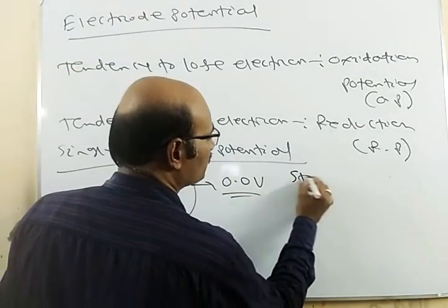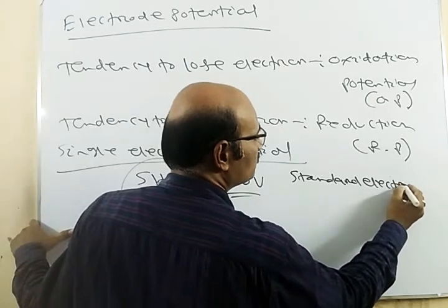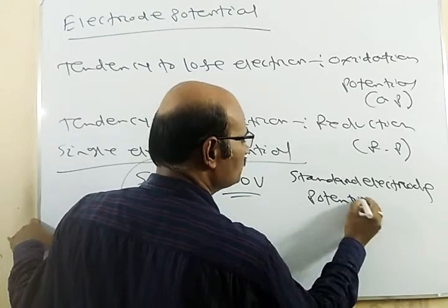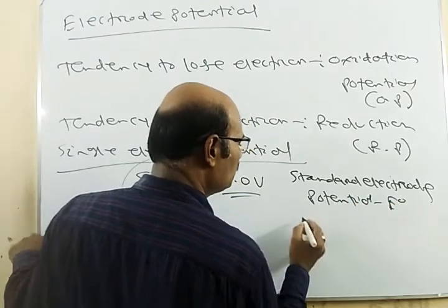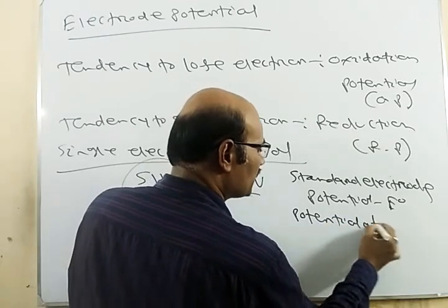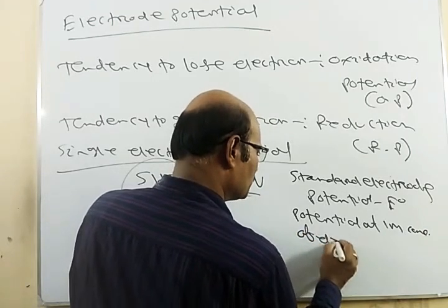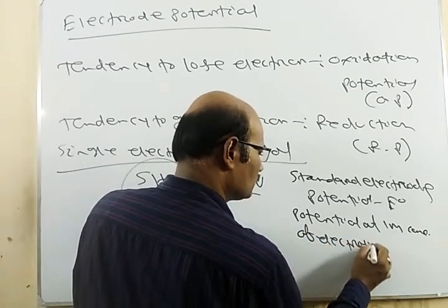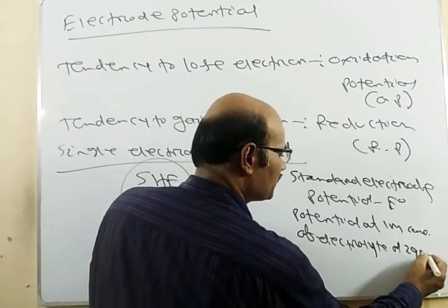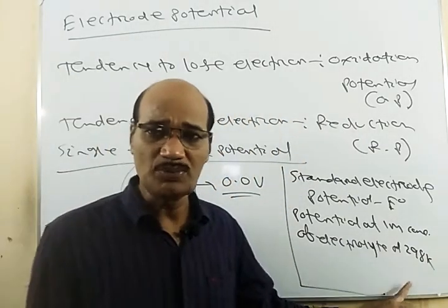See, standard electrode potential E0 is the potential at 1 molar concentration of electrolyte at 298 Kelvin. It is called the standard electrode potential.